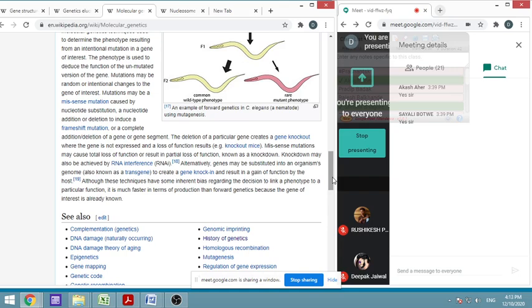These techniques have inherent bias regarding the decision to link phenotype to particular function. It is much faster in terms of production than forward genetics, because the gene of interest is already known. In the earlier case, it was not known and it was just done.